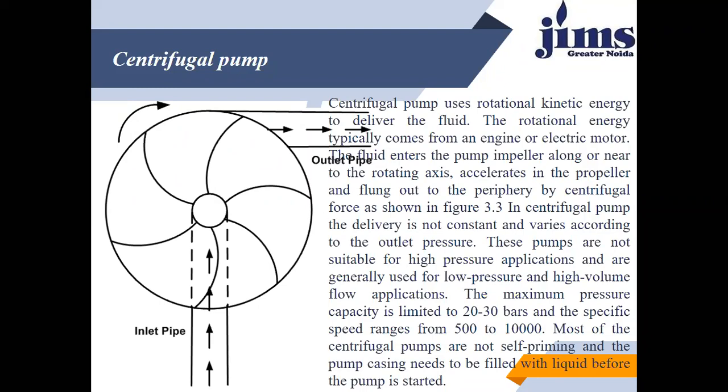And lastly, out of the gear pump, vane pump, and piston pump, we get the maximum pressure in the case of the piston pump, right? 420 megapascal.